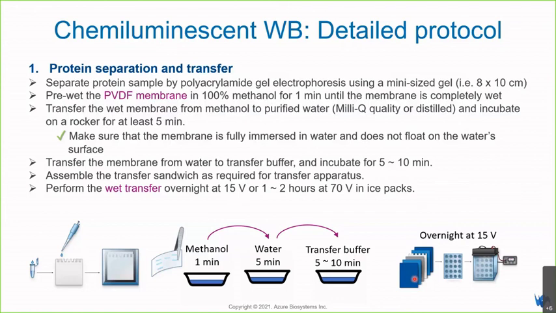First is wet transfer, indicated by this figure, and second is semi-dry transfer. For Western blot, we recommend wet transfer. You can transfer overnight at 15 volts, or run it at a higher voltage to shorten the time, such as 1 to 2 hours at 70 volts in an ice pack to prevent any deformation.